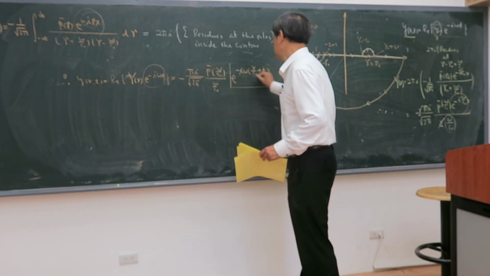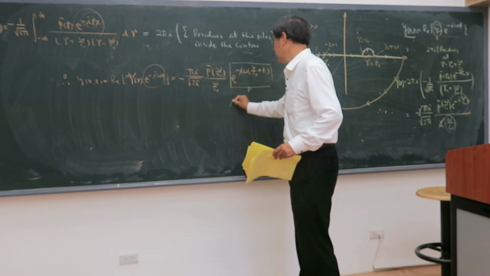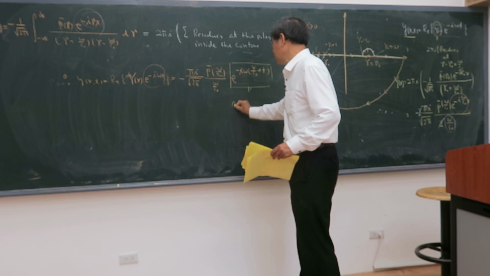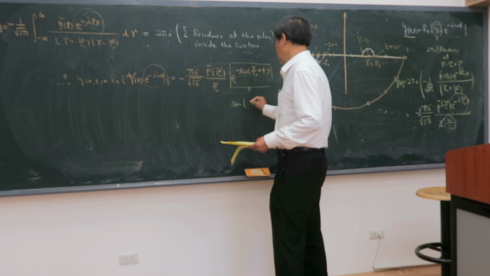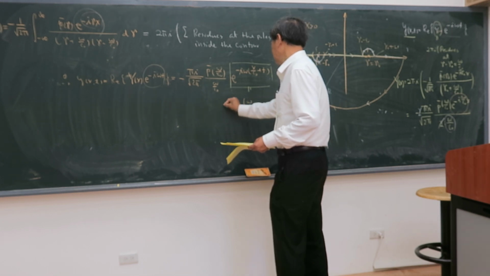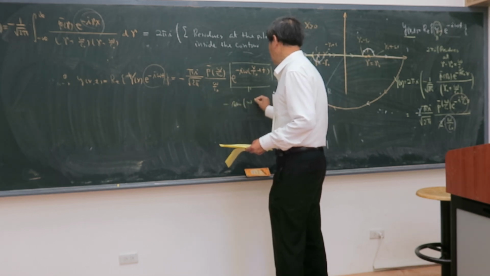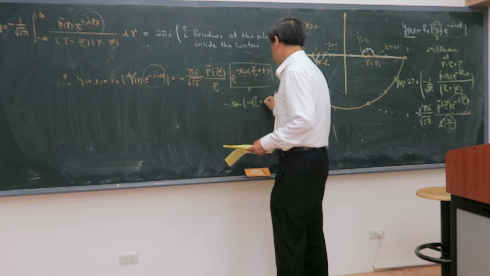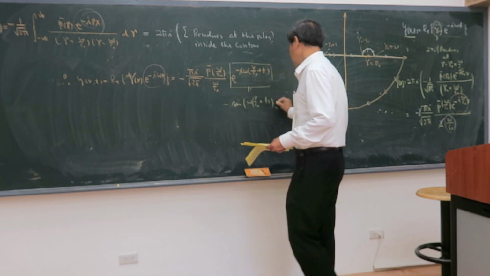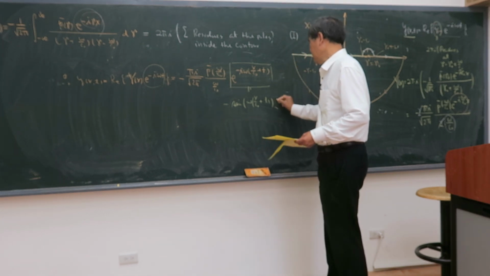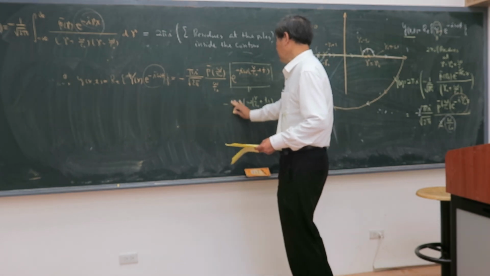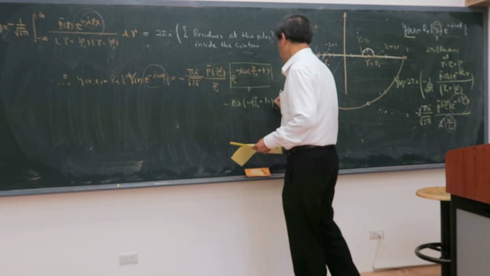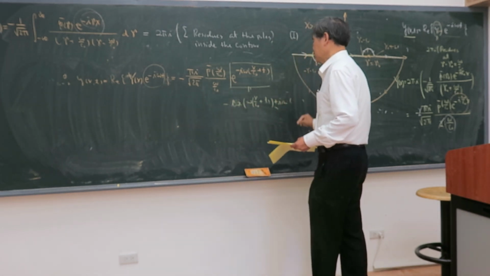So this term will have a sine omega minus sine omega x over c0 plus t, and some cosine, plus I sine something.